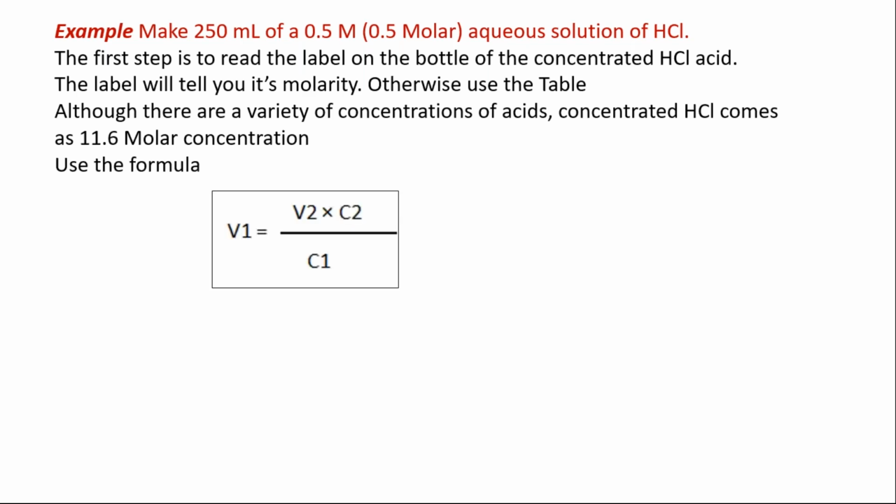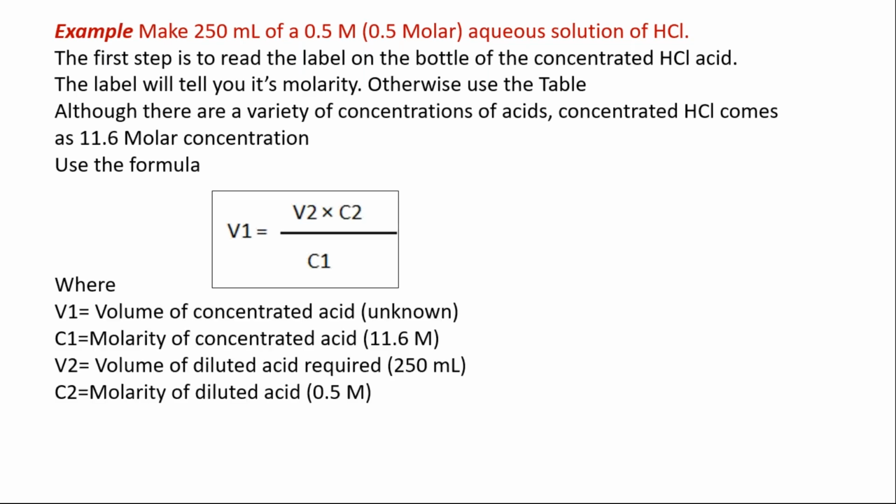Then use this formula for the dilution, that is, C1V1 is equal to C2V2. Here V1 is the volume of the concentrated acid, the molarity of the concentrated acid is 11.6, the volume of the diluted acid required is 250 ml, and the molarity of the diluted acid is 0.5.